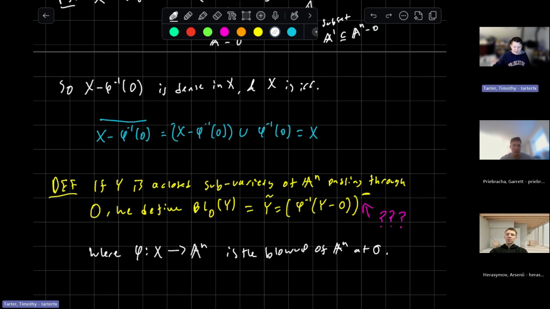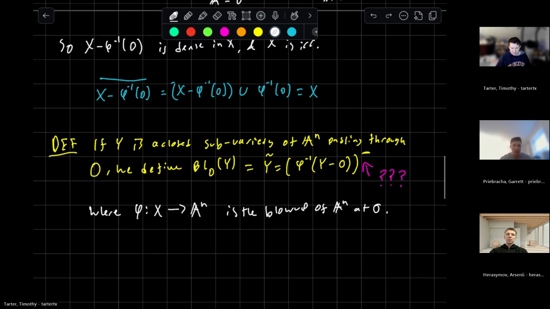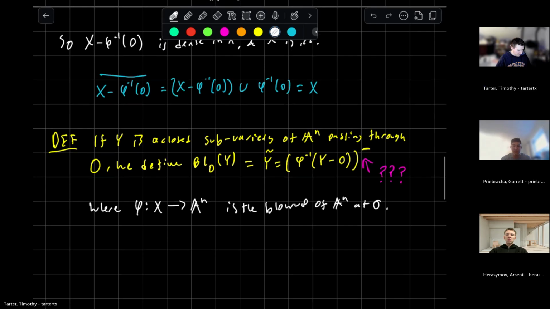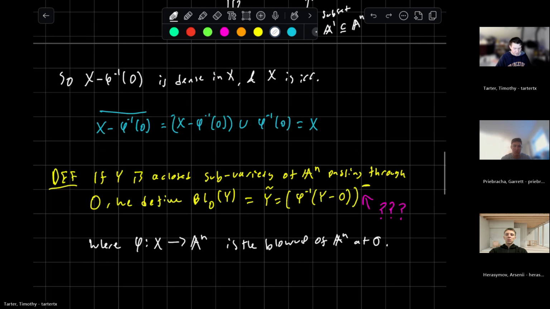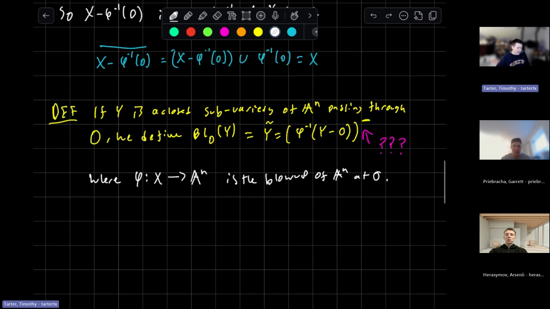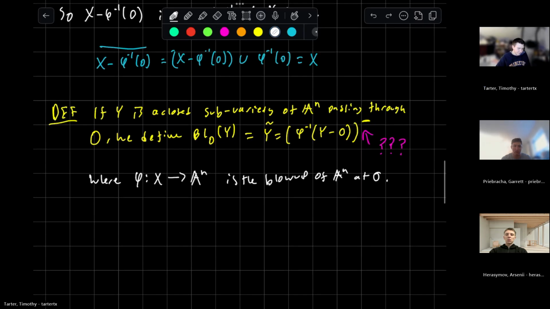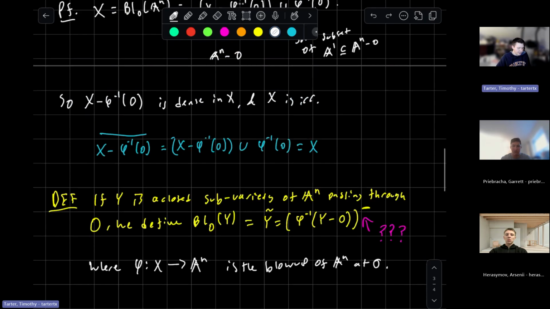Well, I think maybe it means phi inverse sends stuff to X. I think it maybe means pass it back to A^n.